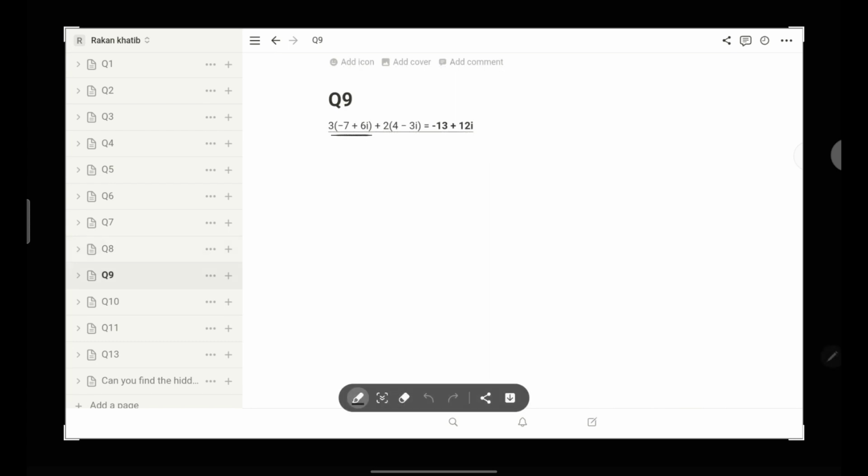So you just multiply the outside bracket to the inside, you're gonna get negative 21, and you do the same here, so you're gonna get negative 21 plus 18i, and that's one part, and because there's plus, we just put the plus, and we do the same on the other one.